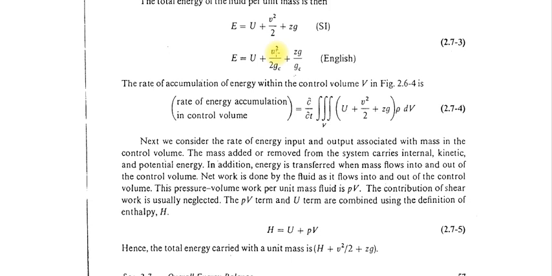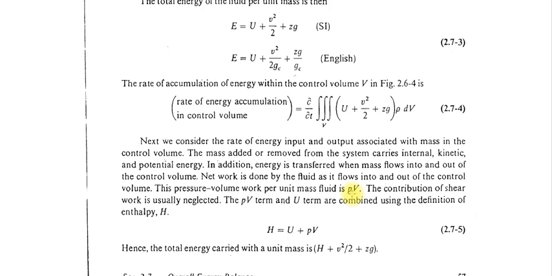The work done per unit mass can be written as PV, pressure multiplied by specific volume. Specific volume is volume per unit mass. So PV is the work done by or on the material entering or leaving the system.